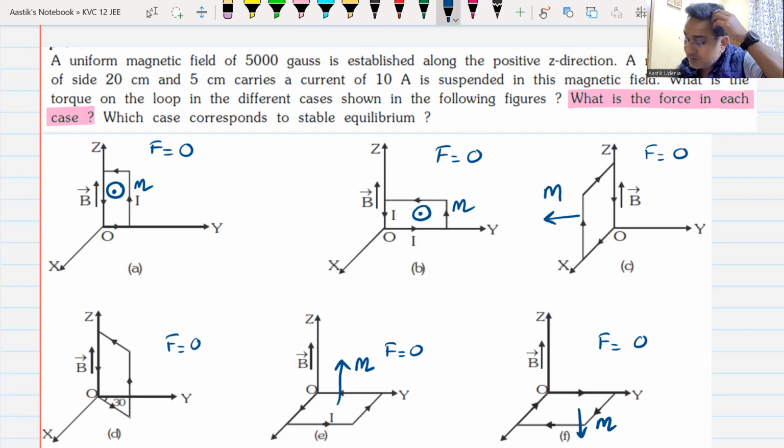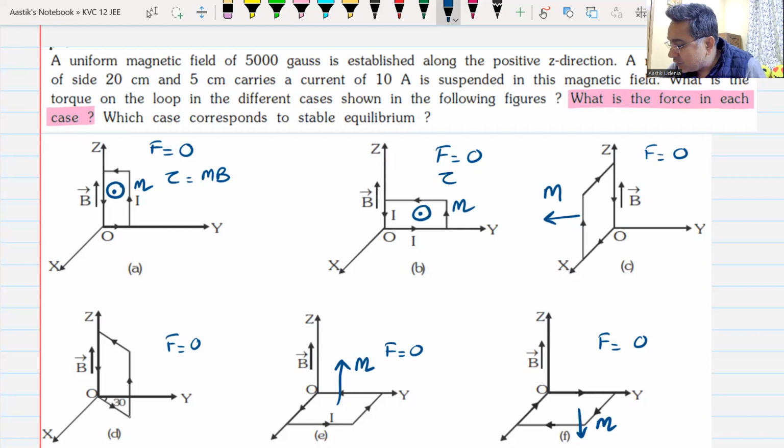In case number 1, the angle between the magnetic dipole moment and the magnetic field is 90. Yes or no? So the torque will be M into B into sine of 90, M into B. Do we understand this? Yes, sir.